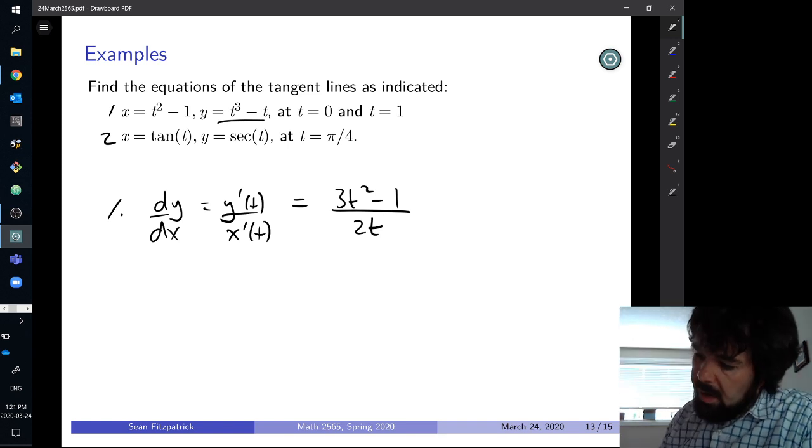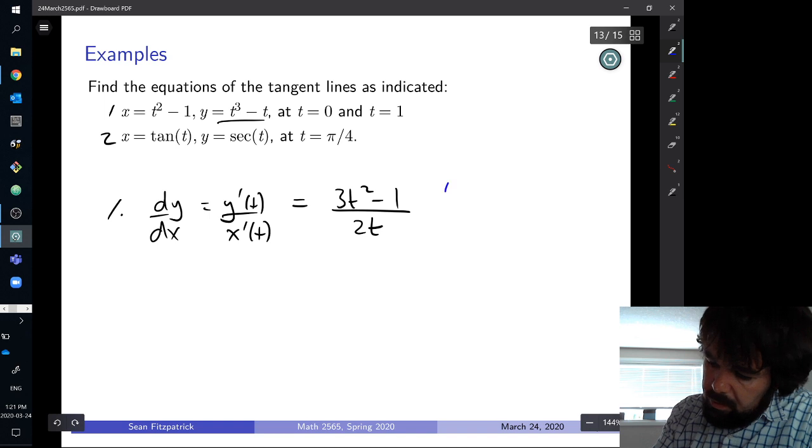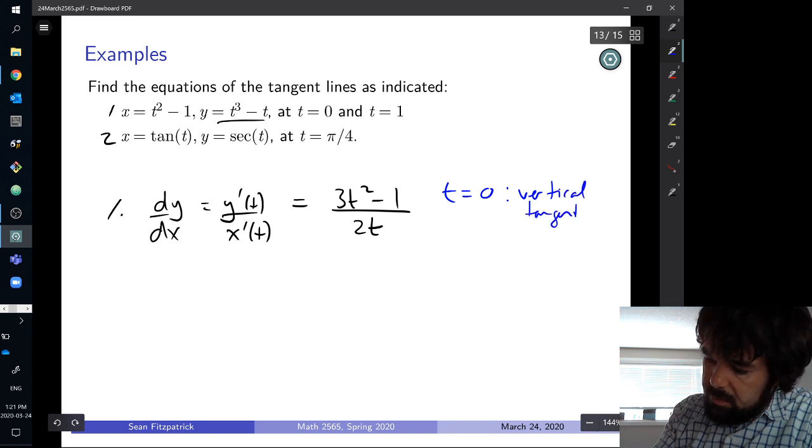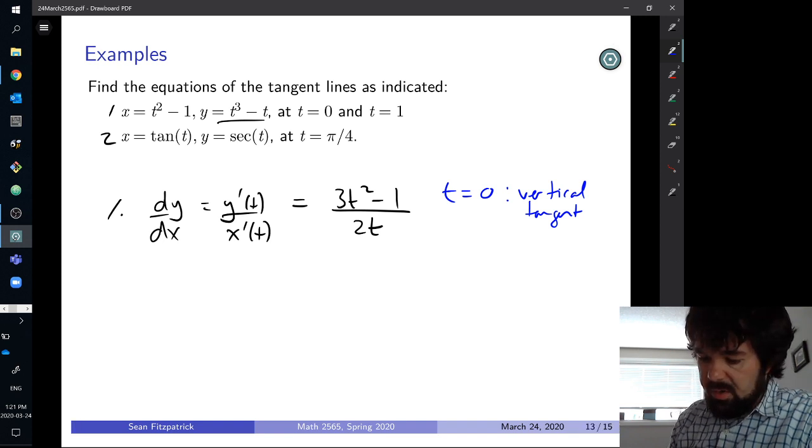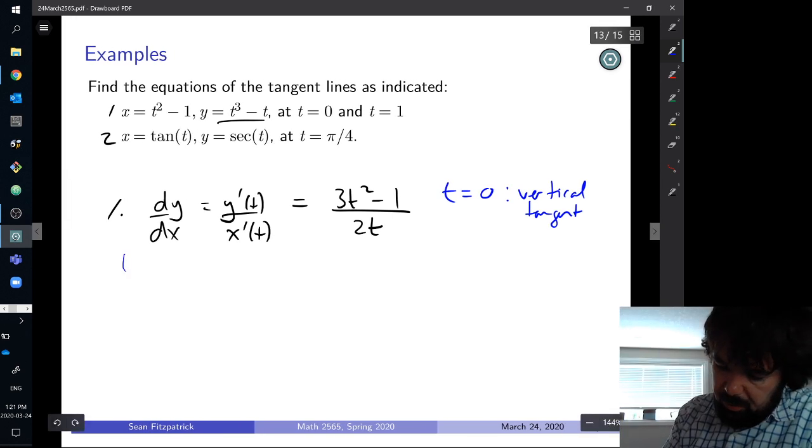So at t equal to 0, we actually have a vertical tangent, right? Because if you try to plug in t equal to 0, you get a 0 in the denominator. And so then we can say, well, what's x of 0, y of 0?